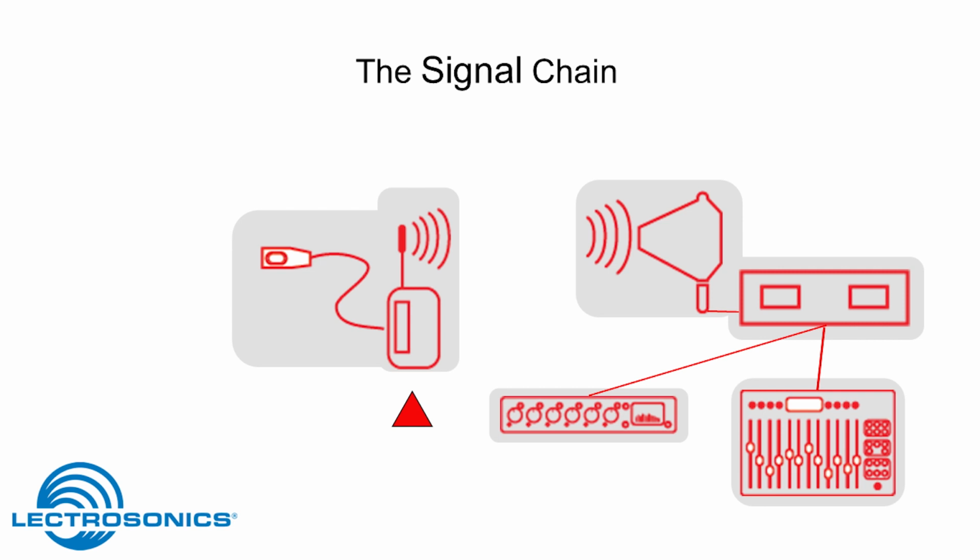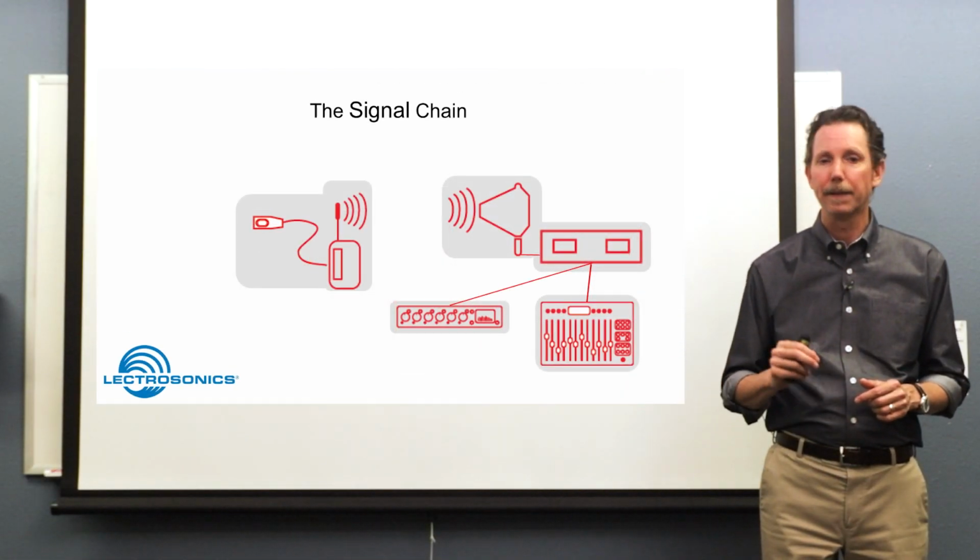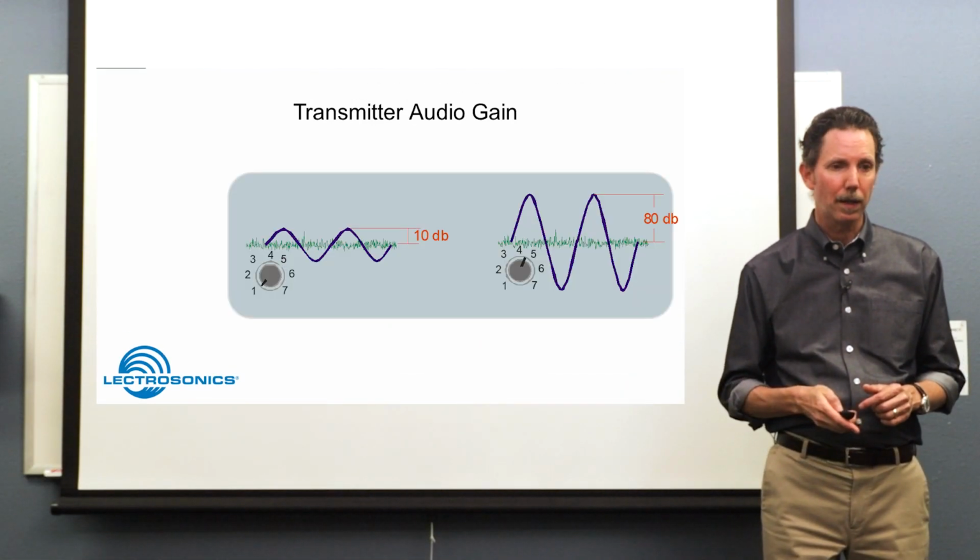Then it's transmitted. That transmission is picked up by the receiver antennas. Then there's the RF gain we talked about with cable loss, but the audio then goes to either a recorder or a mixer or some other thing, in some cases directly to a camera. And you want to make sure that the signal is nice and clean and strong. Okay, so let's look at the couple areas that matter.